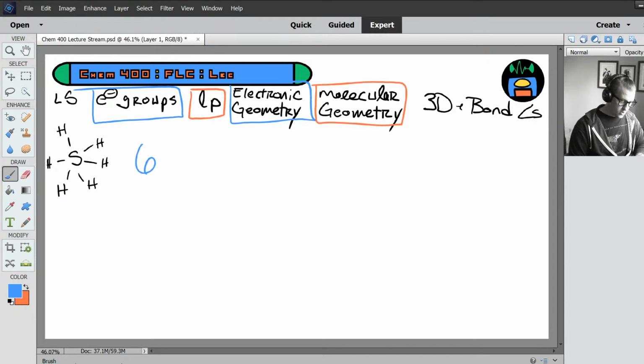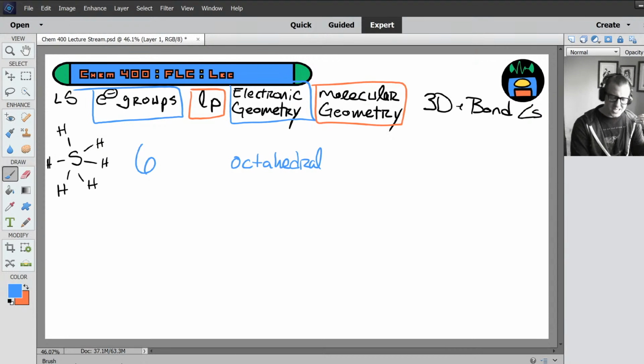And whenever you have 6 groups around your central atom, the electronic geometry is called octahedral.